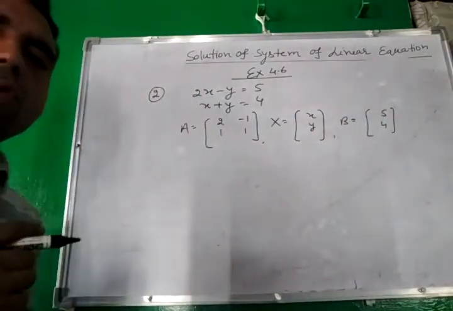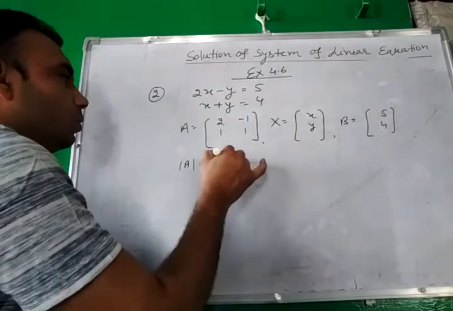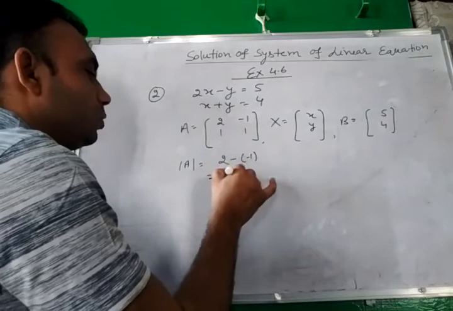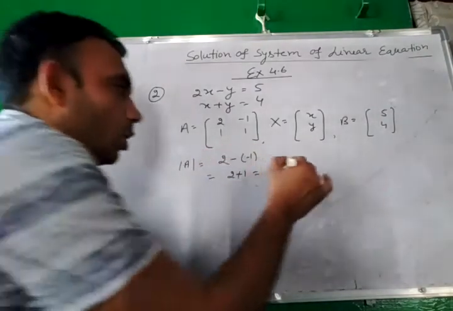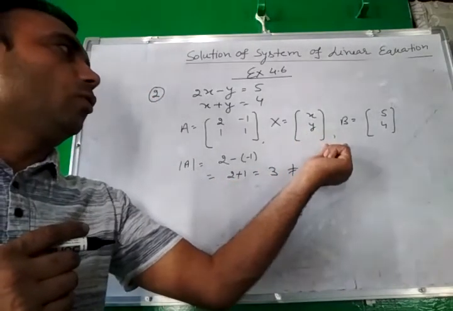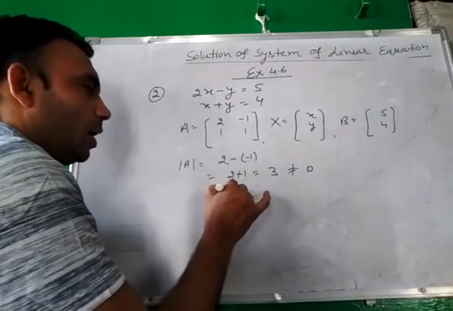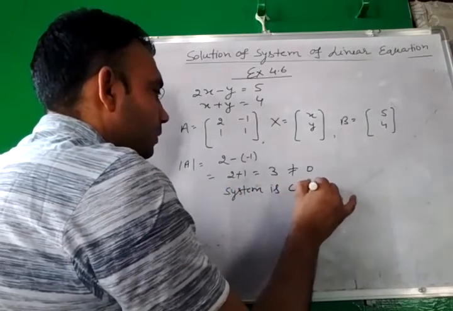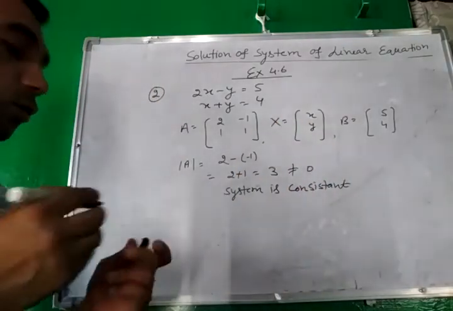So first we will check the determinant of A. What is determinant of A? 2 minus minus 1 implies 2 plus 1, 3. So it is not equal to 0. Then there is no need to find adjoint of A into B, because determinant of A not equal to 0 implies the system is consistent.